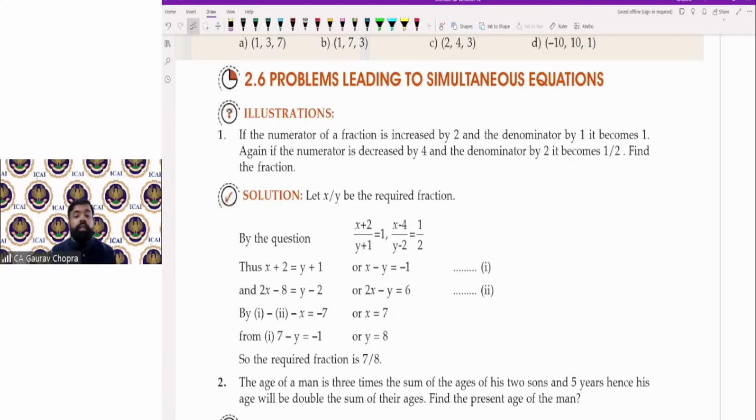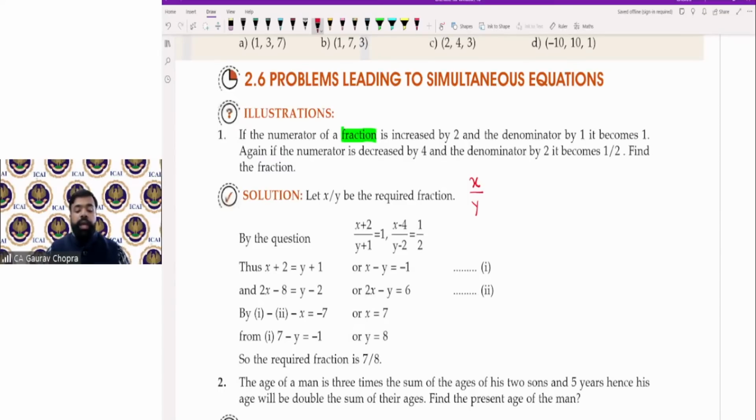So if the numerator of a fraction is increased by 2. Now the question is talking about a fraction, so let us assume a fraction. Let the fraction be x upon y. This is the fraction. Now what you have to do?